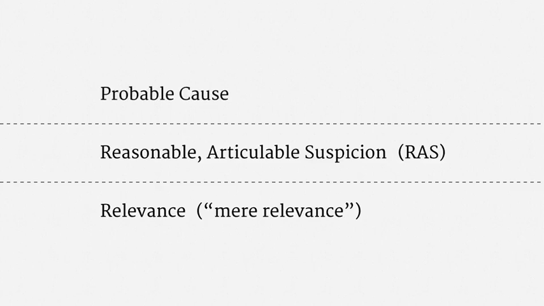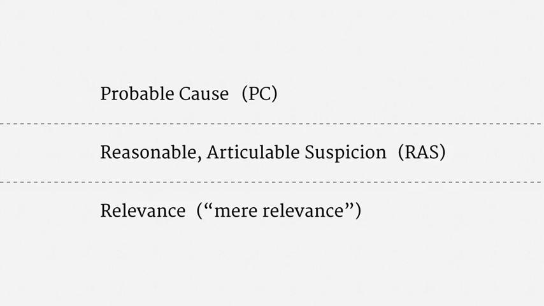It's the standard we've already discussed in the context of warrants, and it's often abbreviated as PC. If you ever want to watch an absurd conversation, by the way, get a criminal lawyer and a software engineer talking about PC. It can take minutes before they realize they're talking about totally different subjects. Anyway, there's the hierarchy of standards for government access to information and how RAS fits in.